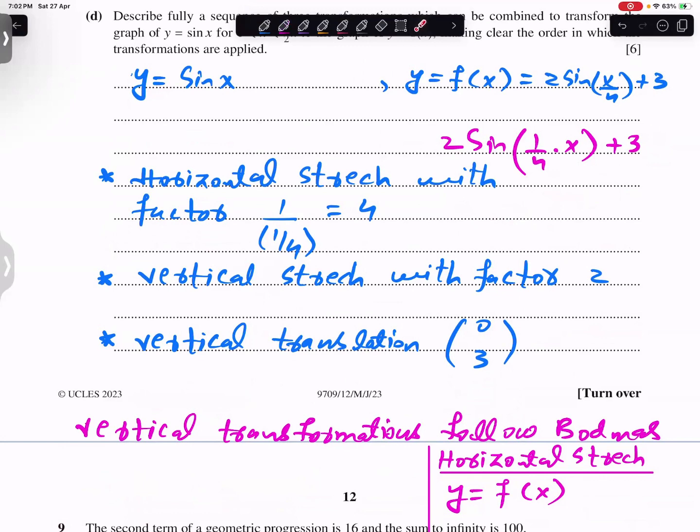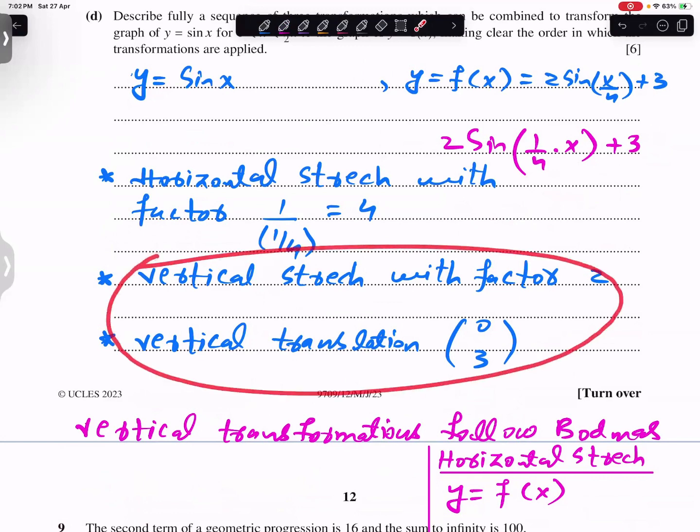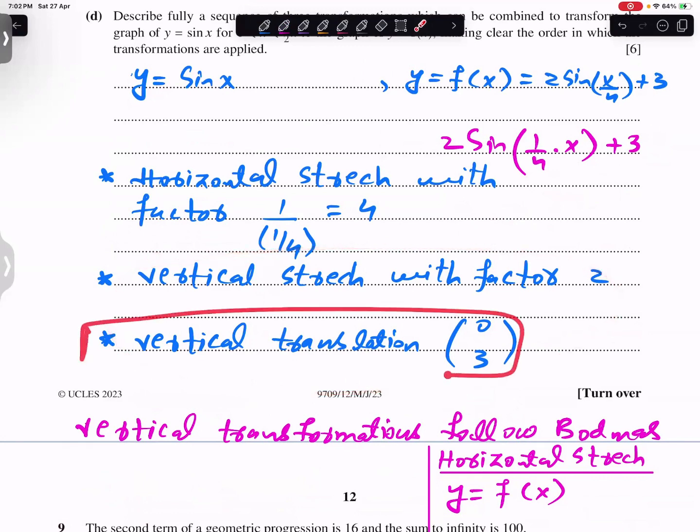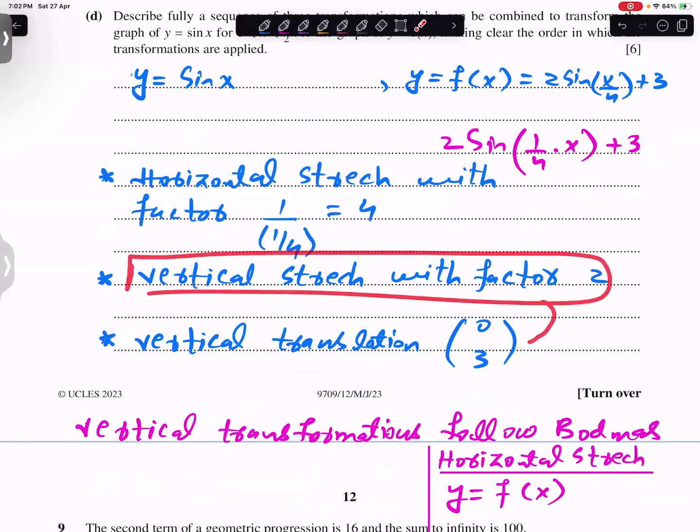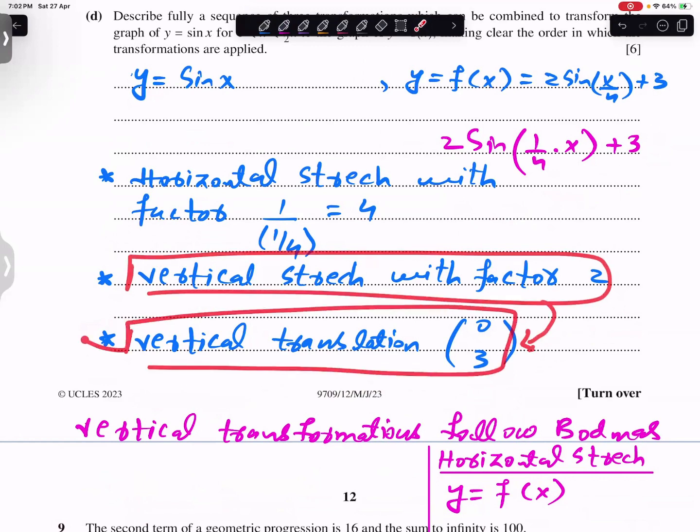So when there are vertical transformations, you cannot write the translation first. You have to write the stretch first and then the translation second. Otherwise, if you explain vertical translation first and then stretch later on, the examiner will cancel out this question.